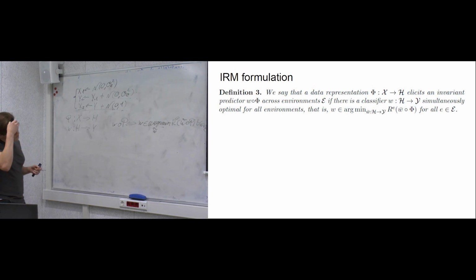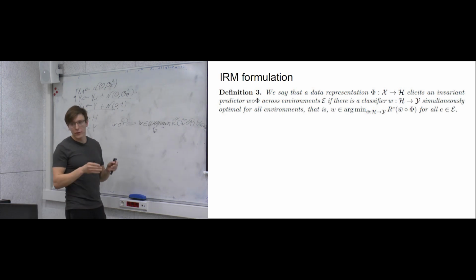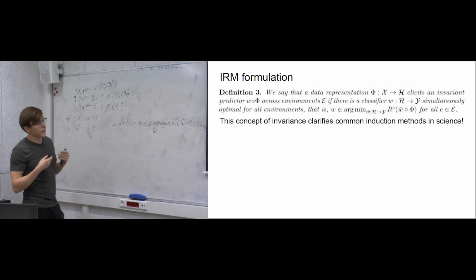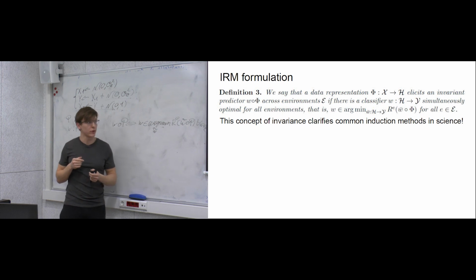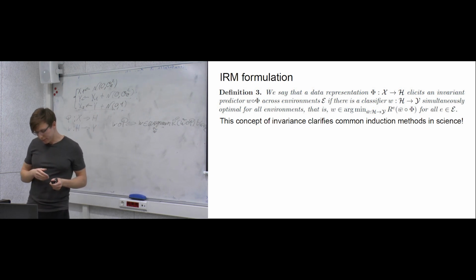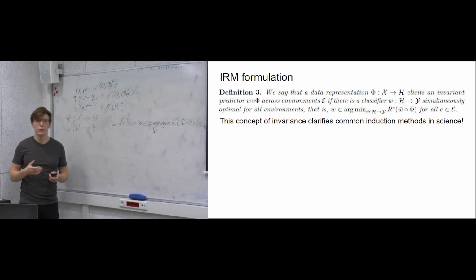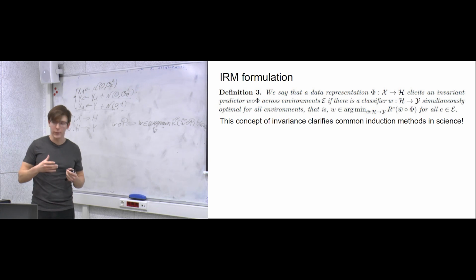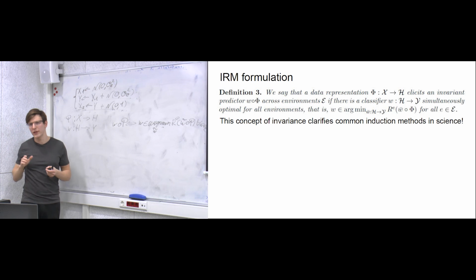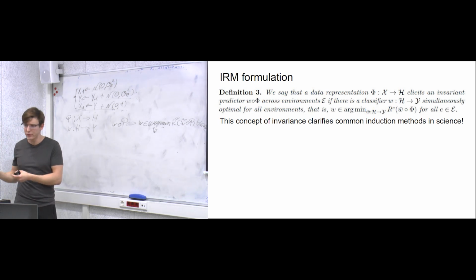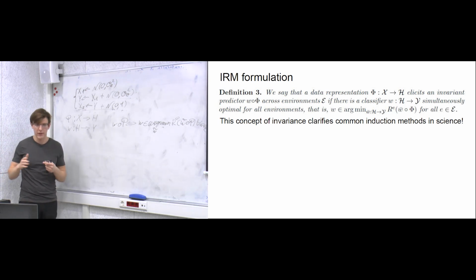Well, the authors claim that this is something reasonable because it actually reflects the concept of induction in science. Because you know that, for example, in physics we're not focusing on concrete object representations. We try to find some abstractions. For example, for the gravity law, it doesn't matter whether your objects are apples or stars or planets.